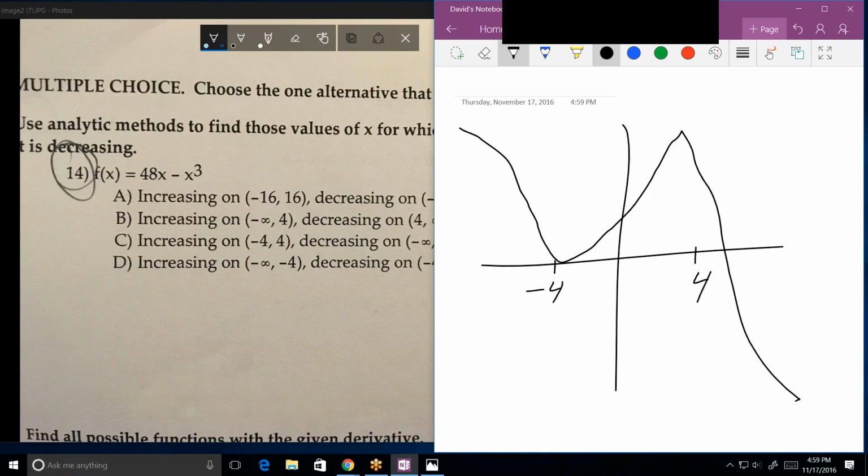In other words, this is f of x equals 48x minus x cubed. If I were to graph the original function, it would look something like this. I could almost graph the first derivative. When the original function is increasing, the first derivative is positive, and when the original function is decreasing, the first derivative is negative.